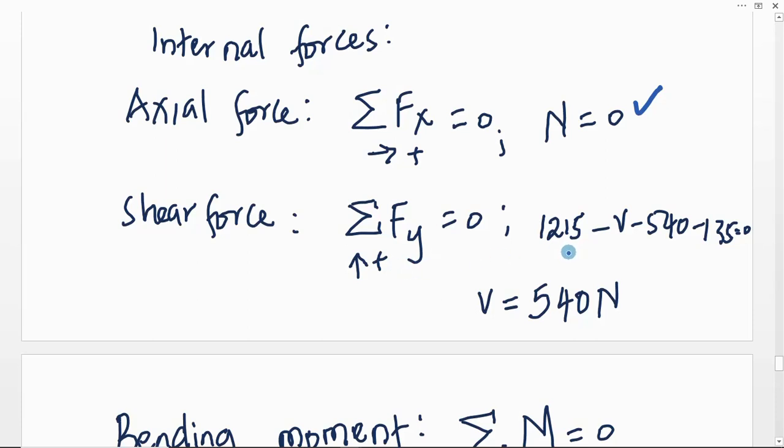Then 1215 acts in the positive y direction, minus V, which points vertically downwards, minus 540, minus 135, all these forces acting vertically downwards. If I subtract and make V the subject, I will have the shear force at that point equal to 540 newtons.